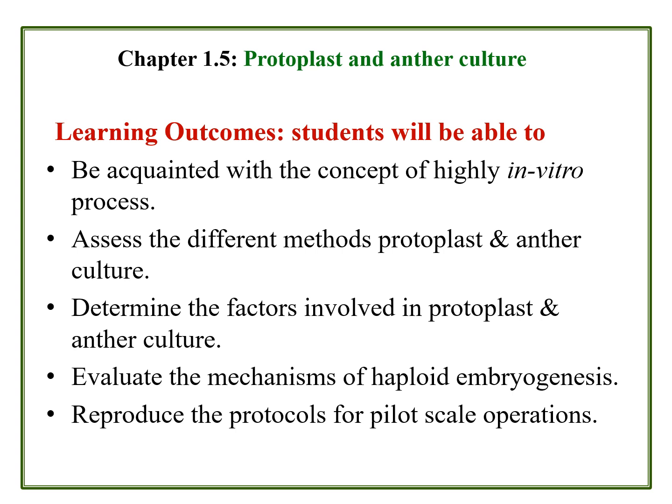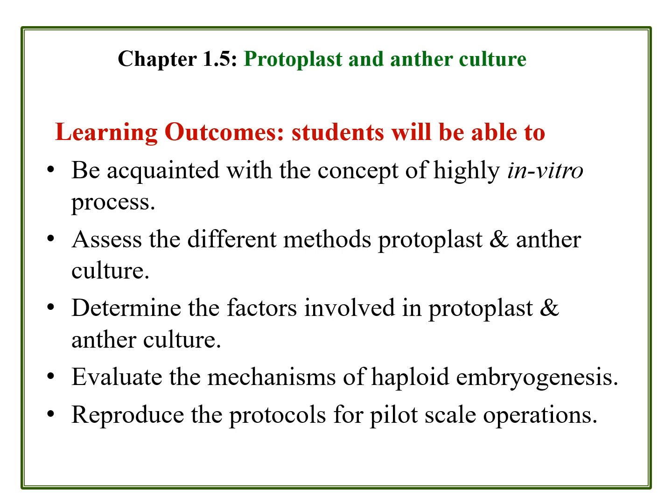And for anther culture, which is organogenesis, the combinations of the hormones will be reversed. Cytokinins and auxins will be reversed: the cytokinin concentration will be enhanced and the auxin concentration will be reduced.